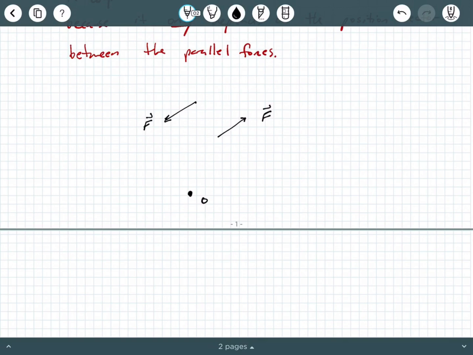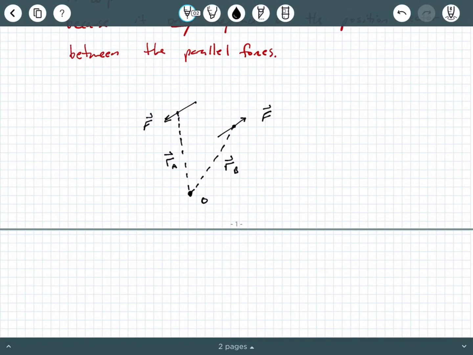Let's say that I have a position vector from this point of origin to some point on one of these forces, and I call that RA. And let's say I have another position vector from the origin to a point on the other parallel force. And let's say I call this RB. So that's what we have at first.